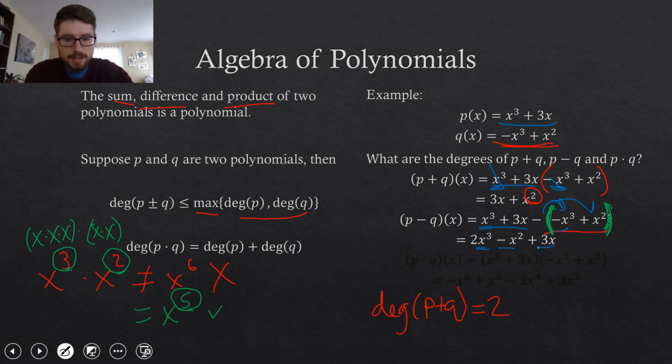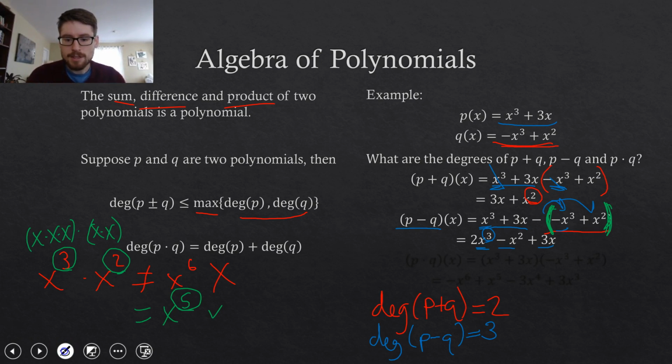And so if you were to look at the degree of P minus Q, what is that now? Degree of P minus Q, well, it's 3, because that's the highest power, right? The degree of the difference is actually still the degree of P or Q, which is 3.